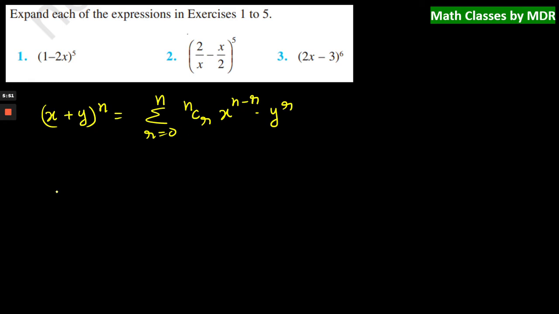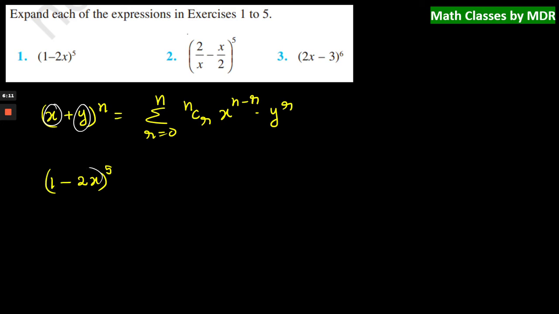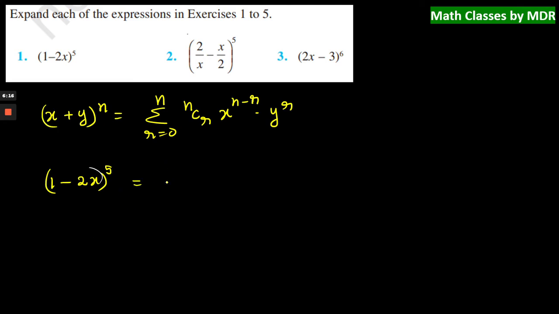Now when we take (1 minus 2x) to the power 5, in place of x we have 1, and in place of y we have minus 2x. To give more clarity, it can be written as (1 plus minus 2x) whole to the power 5.